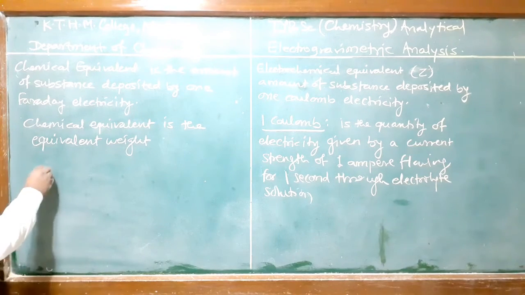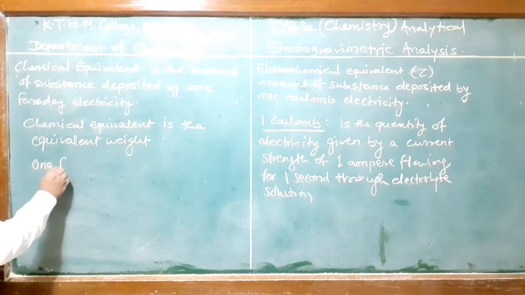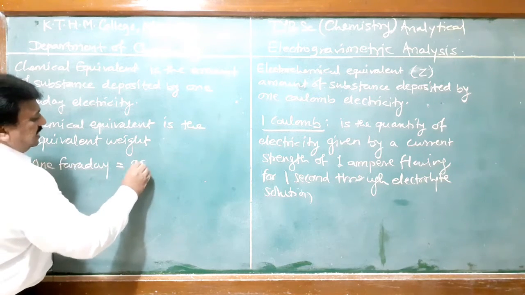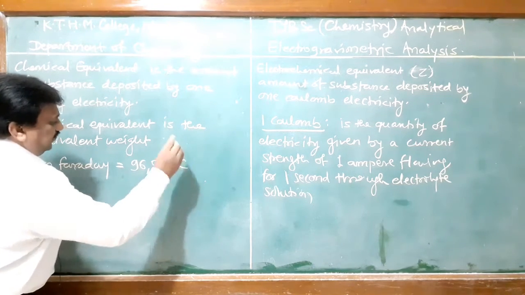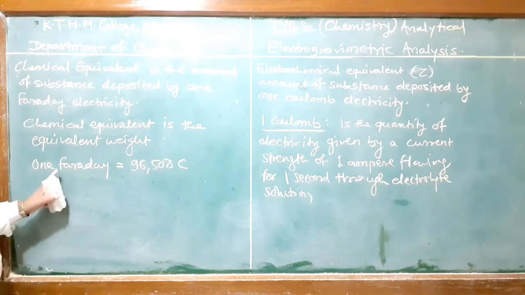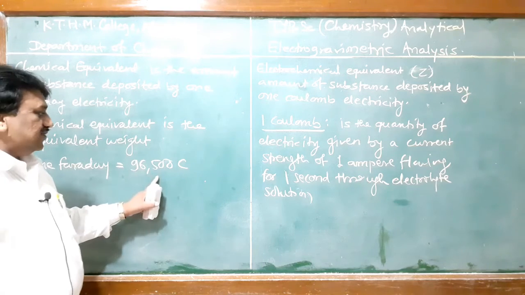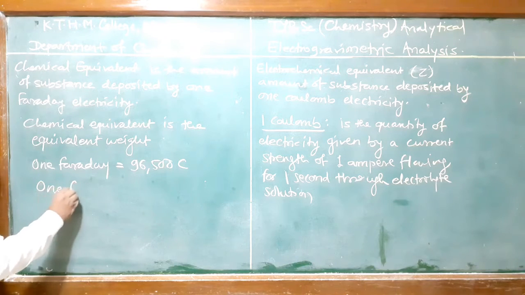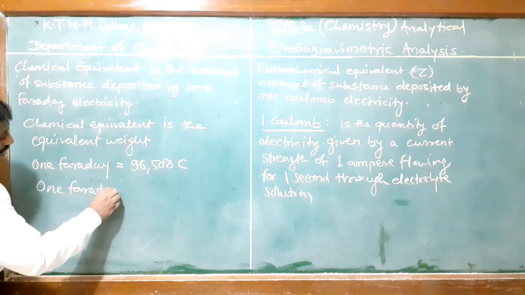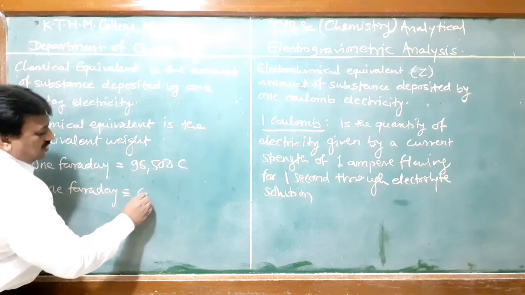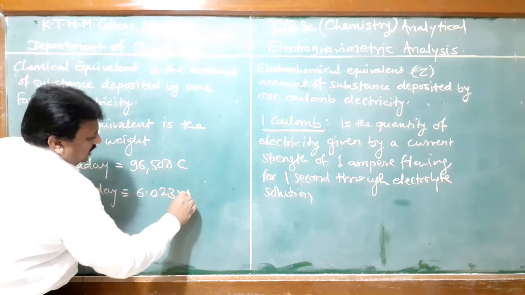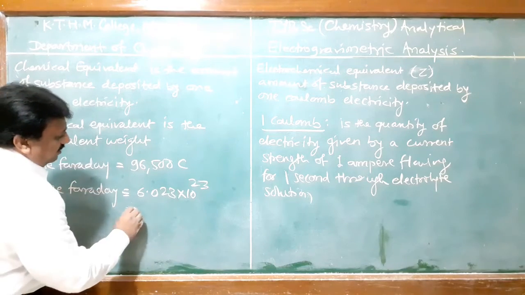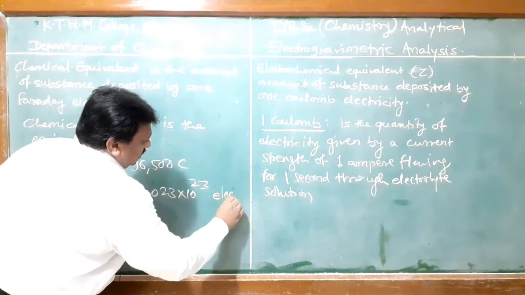Therefore, here 1 Faraday is equal to 96500 coulomb. Now here 1 Faraday, that is 96500 coulomb, corresponds to Avogadro's number of electrons, or this much electric charge has Avogadro's number of electrons.